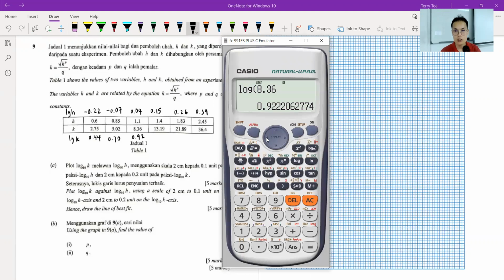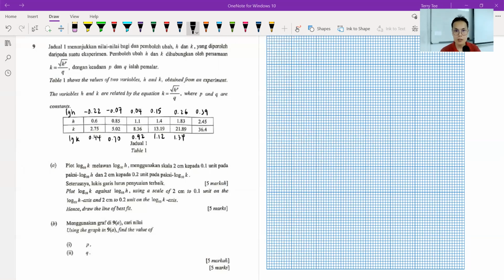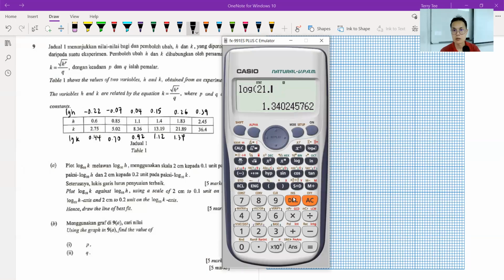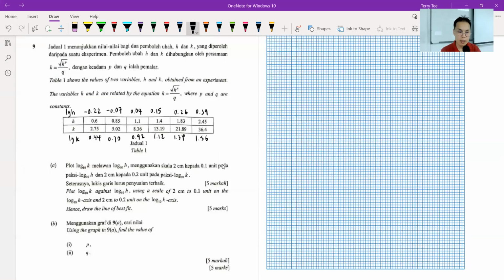Next, log 13.19 will be 1.12. Next, log 21.89 gives us 1.34. Next, log 36.4 gives us 1.56. So I'm done really, I've got all these values.